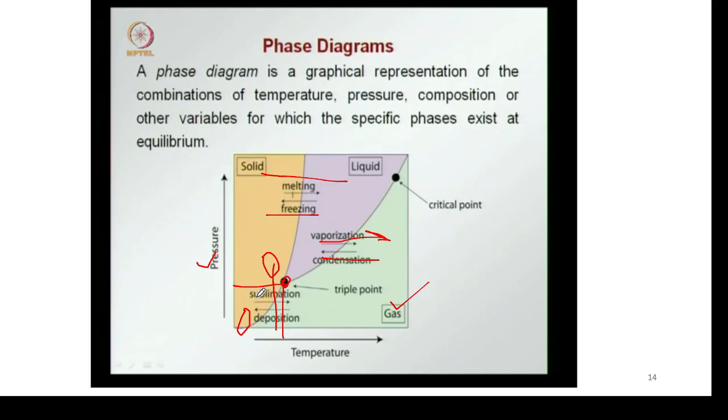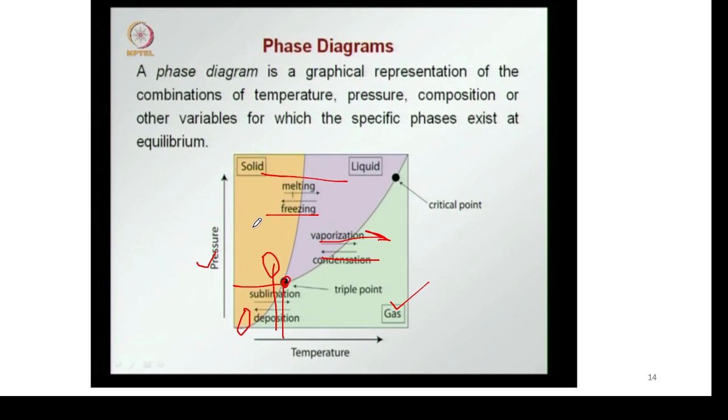For example, let's say you want to carry a lot of CO2 from one place to another. You can pressurize it. When we pressurize it and reduce the temperature, it can be converted into solid, and solid is easy to transport compared to gas, because gas requires a lot of volume, solid doesn't require that much, and this is possible, right?